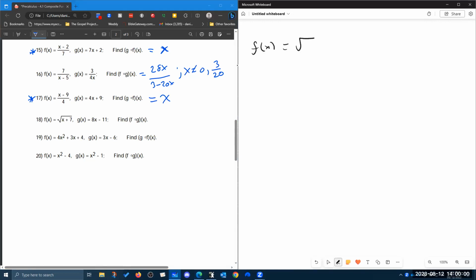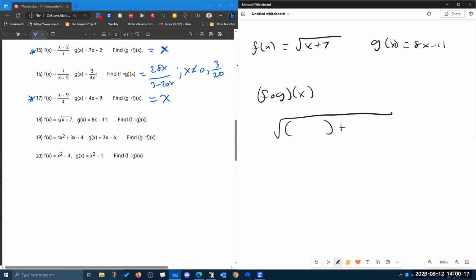f of x equals the square root of x plus 7. g of x is equal to 8x minus 11. And I want to find f of g of x. I'm going to write down f with a set of parentheses for the x, and inside there goes g. And we have the square root of 8x minus 4.